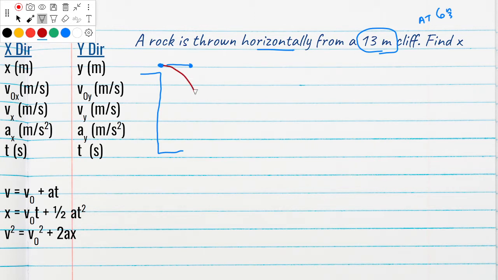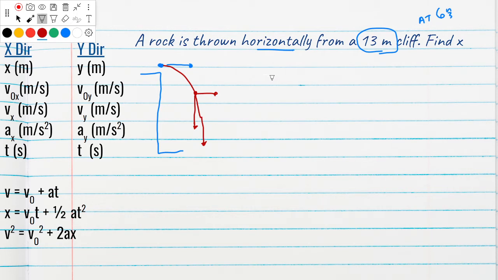So it's going to make a path something like that. That trajectory, that curved path right there, is going to look something like that. At every point, it is still moving to the right, but it's speeding up faster and faster the farther it goes. So it puts that curve on the line like that.